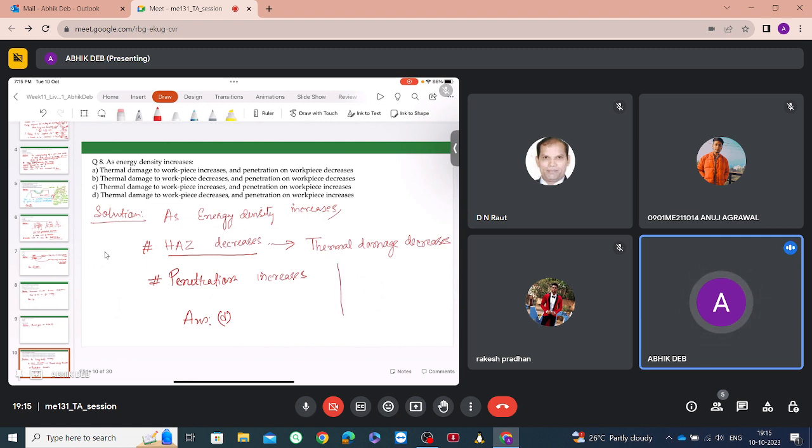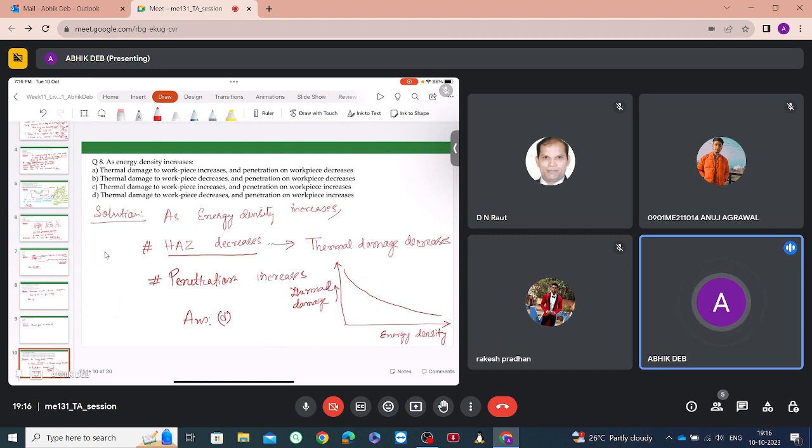So actually, if you plot this curve, if this is the thermal damage and this is energy density, then the thermal damage will decrease like this.